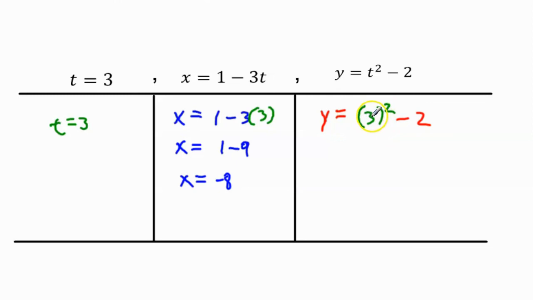So 3 squared is basically 9, so we're going to have y equals 9 minus 2. 9 minus 2 is 7, so we'll have y equals 7. And so we put the x and the y together to make our coordinate. So that means that our coordinate is going to end up being negative 8, comma, 7.